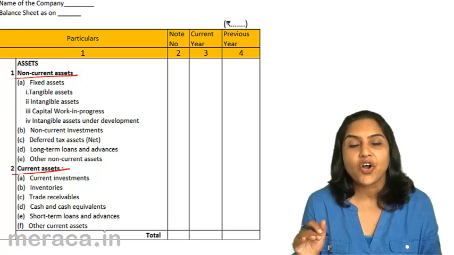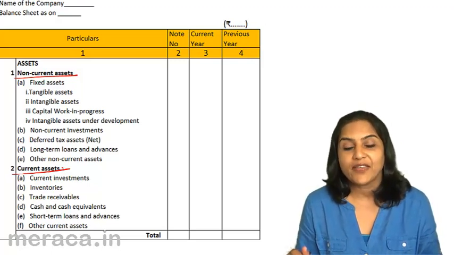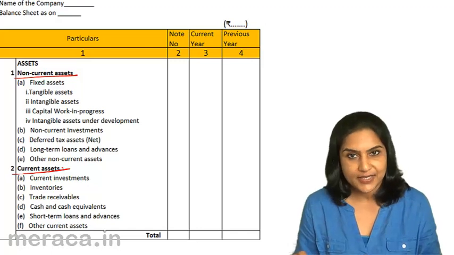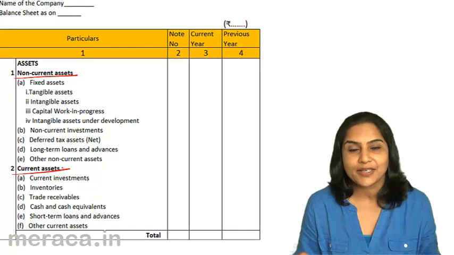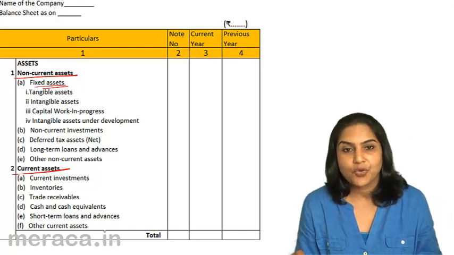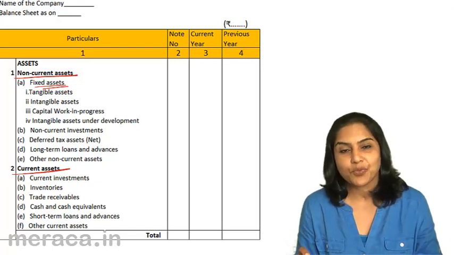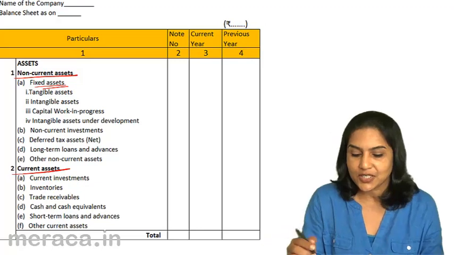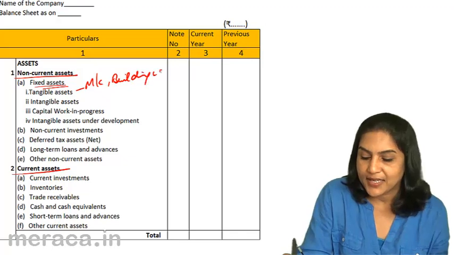And if they are not expected to be converted into cash within a short period of time, then they are called non-current assets. So we start with non-current assets. What are the non-current assets? The first is fixed assets, under which we have tangible assets. What are tangible assets? Assets that we can see, feel, touch, etc. Could be machinery, could be building, could be land, etc.